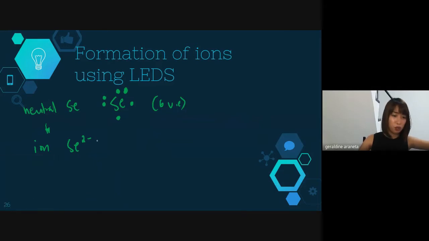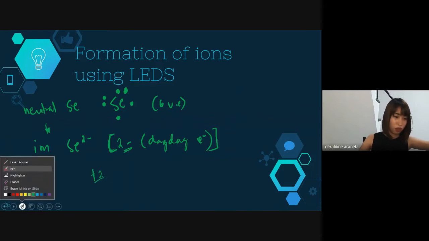Since this is 2 negative, it means we add electrons. Okay, 2 negative means we add electrons. So instead of 6, that will become plus 2. Don't write that.